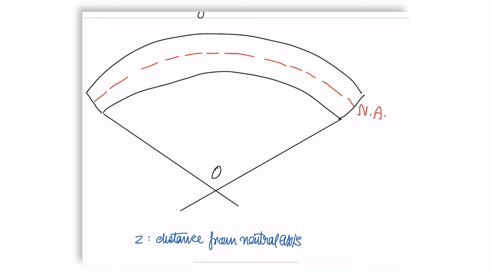And this is my theta, with this being R. The radius of curvature and the angle of curvature, as we defined them earlier. So our aim is to find an expression for bending strain, that is epsilon z.